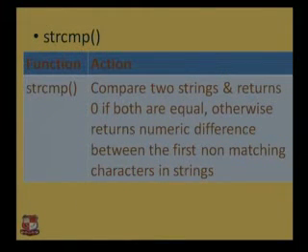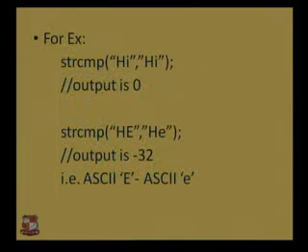strcmp is useful for comparing two strings. This function returns 0 if both are equal, otherwise it returns the numeric difference between the first non-matching characters in the strings. Taking one example, suppose I take strcmp of hi and hi.